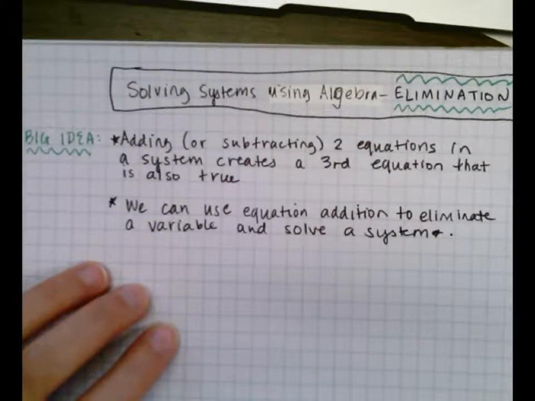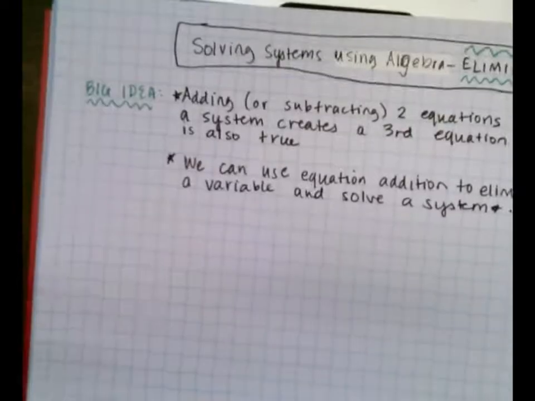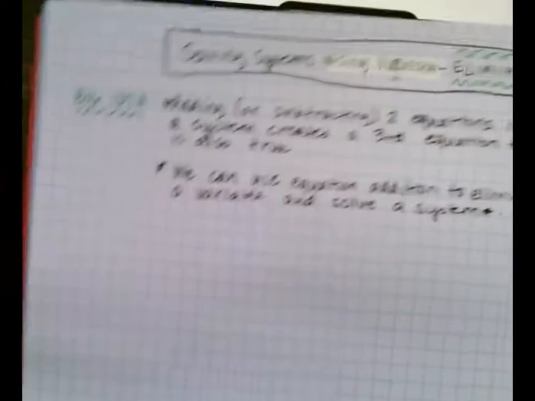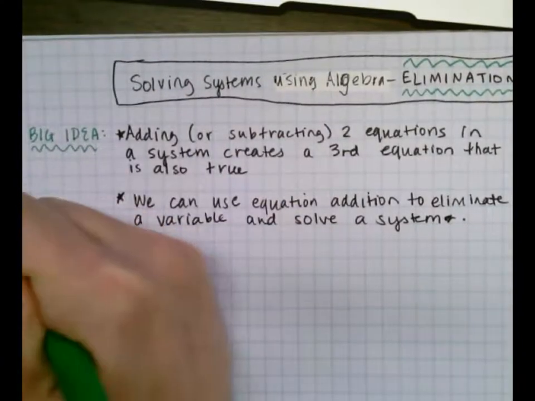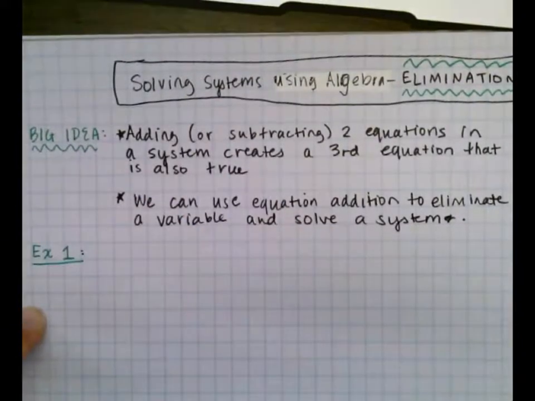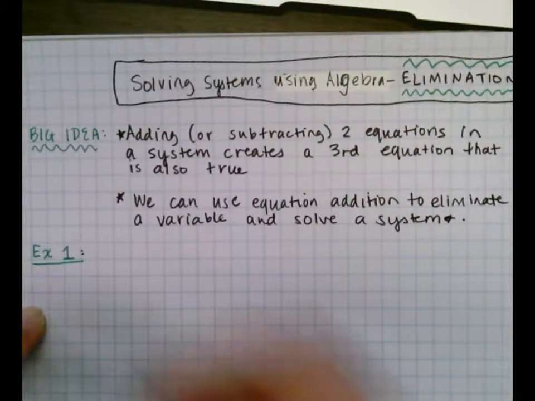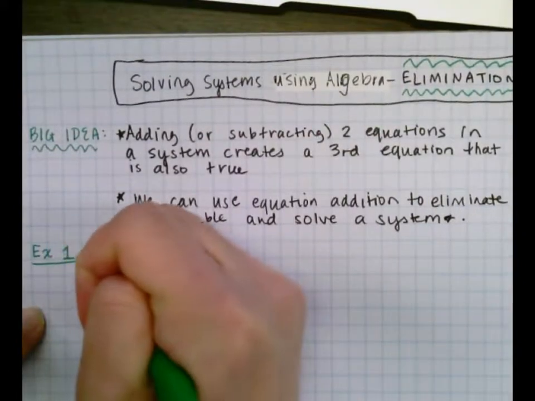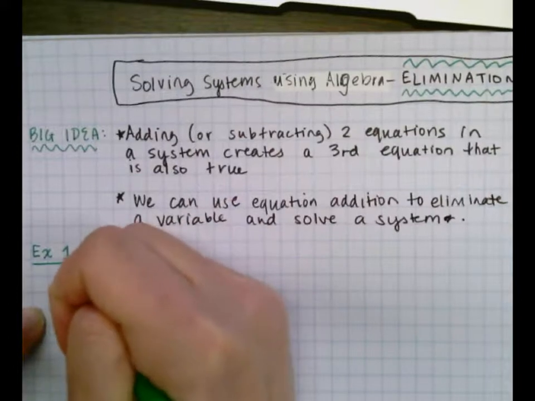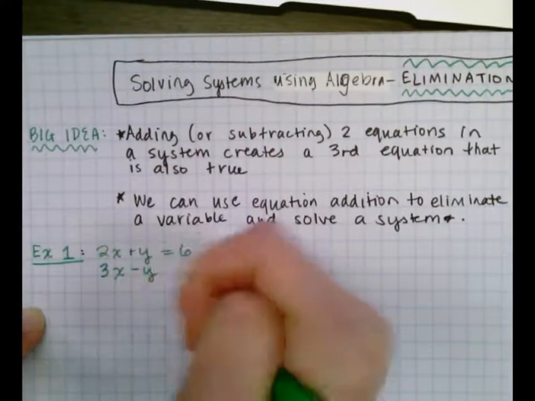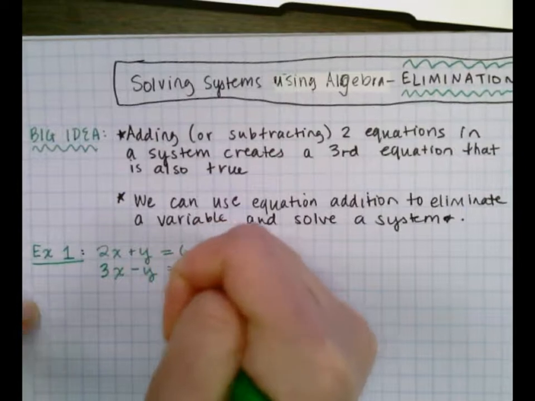Okay, so we're going to look at two examples and then I'm going to give you a third one for you to try. And the first example is 2x plus y is equal to 6 and 3x minus y is equal to negative 16.